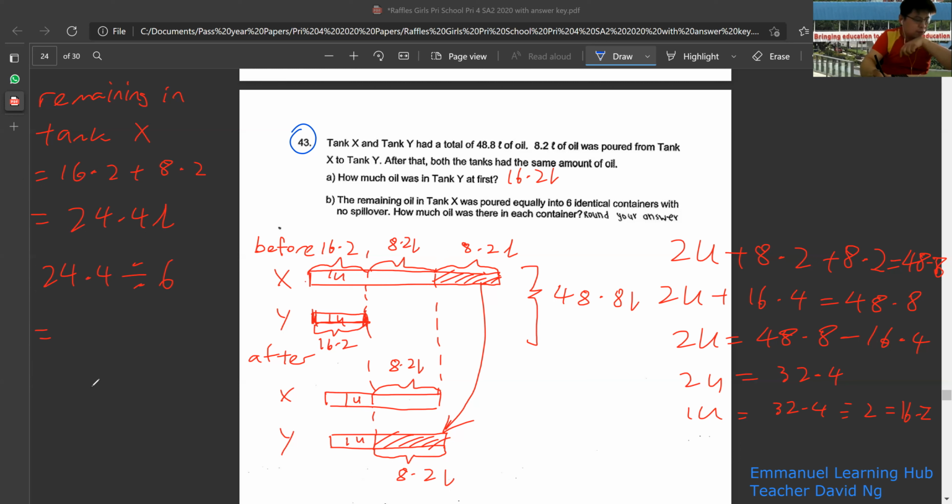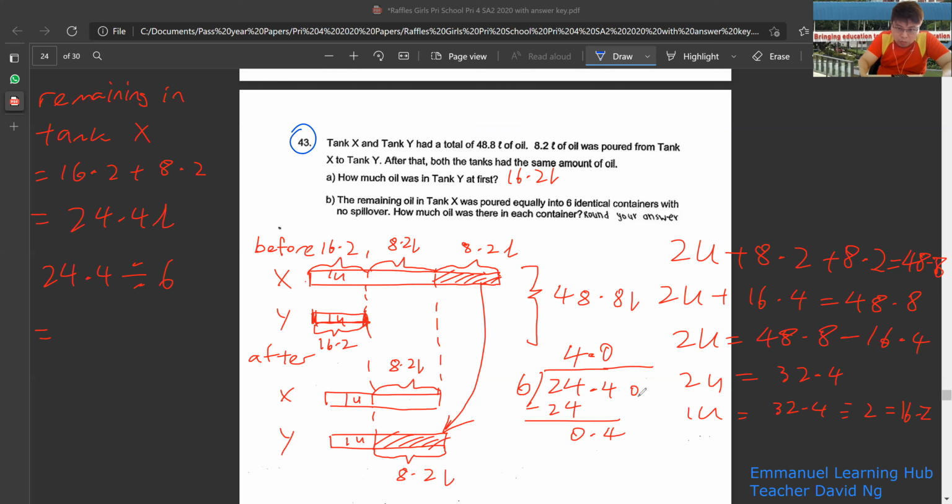24.4 divided by 6. So you have 24.4 divided by 6. 24 divided by 6 is how many? 6 times what equals 24 is 4. 24 divided by 6 is 4. 24 minus 24 equals 0, then bring down the 4.